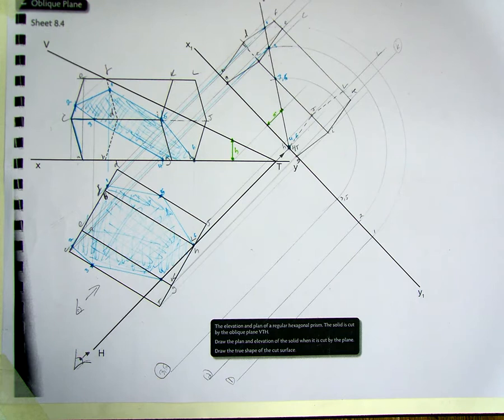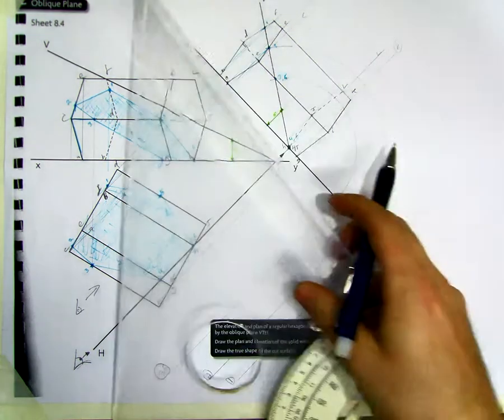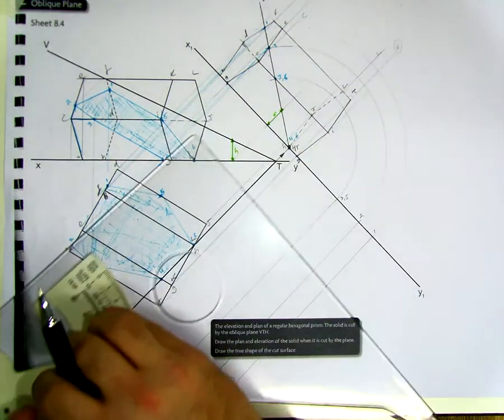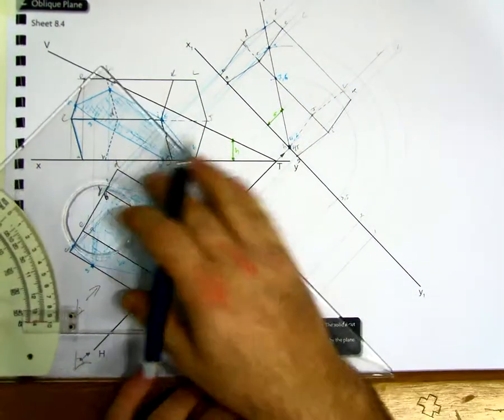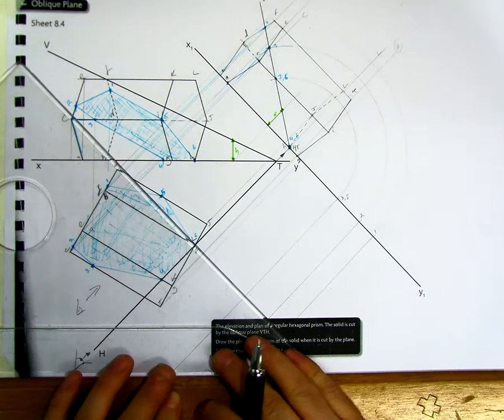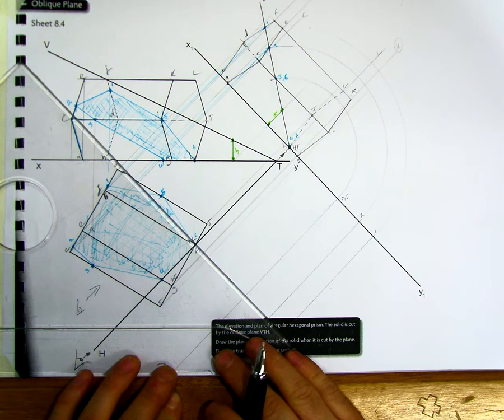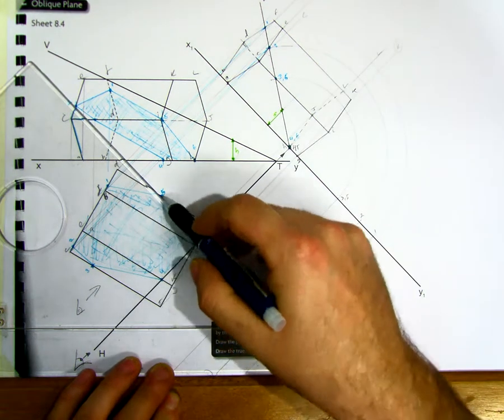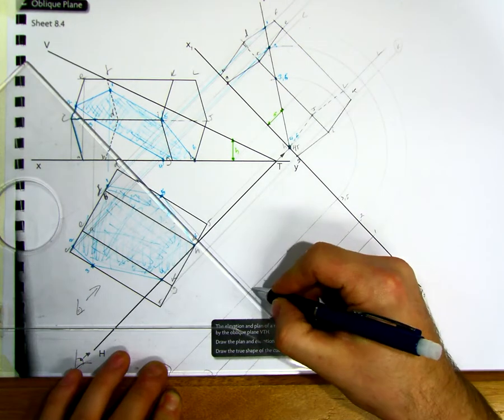Okay, so all we need to do now is come perpendicular from the point in elevation. So perpendicular. So there's 5. 5 is there. Come perpendicular through the horizontal trace to locate 5.